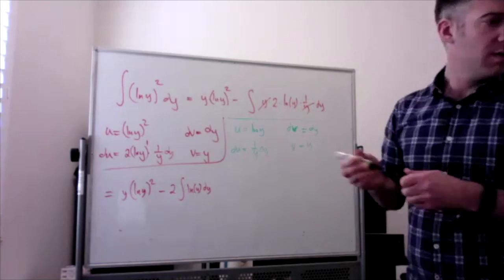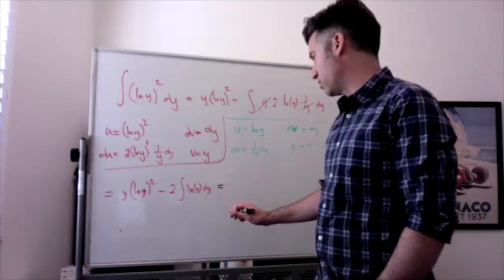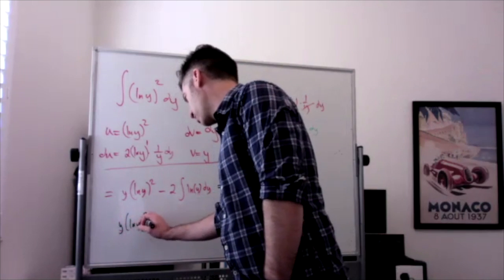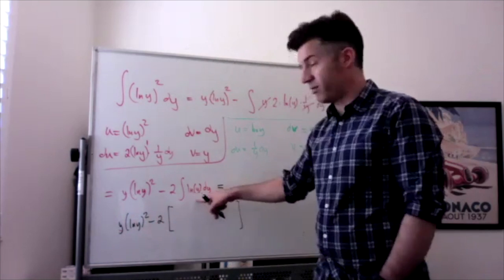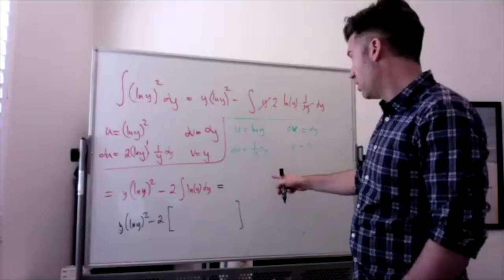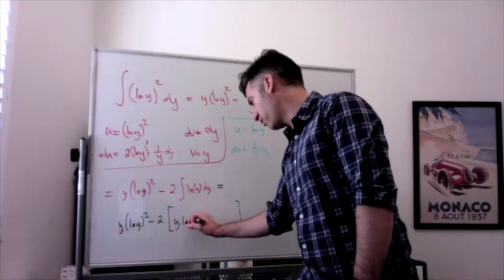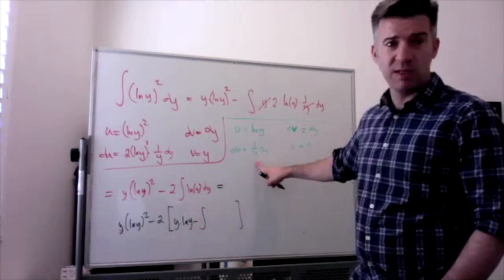Okay, so then this is equal to y times the natural log of y squared minus 2 times the integral of natural log of y, which is the entire uv minus the integral of v du. So it's going to be uv, so y times the natural log of y, minus the integral of v du. Let's simplify this.